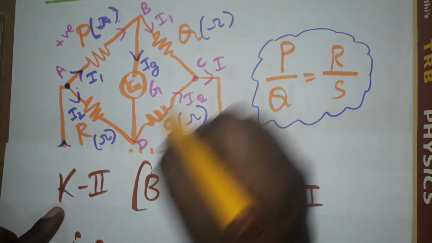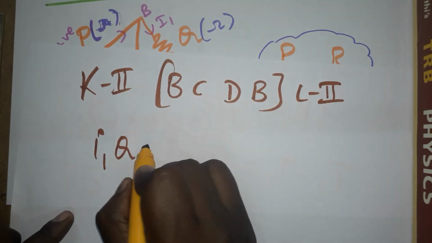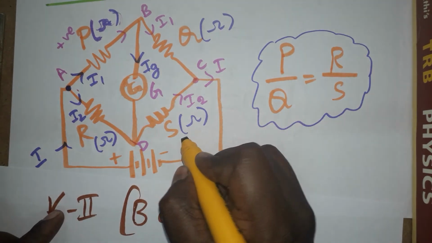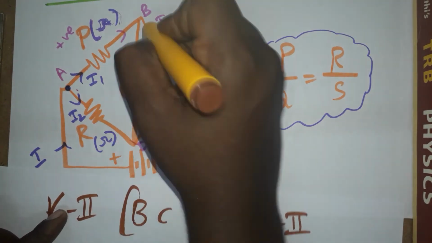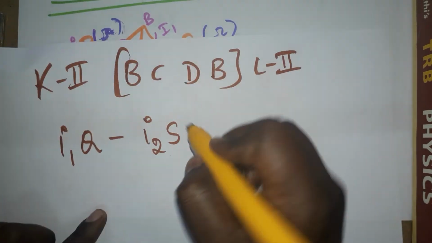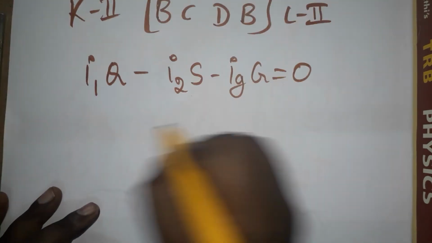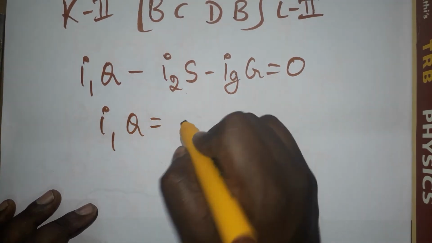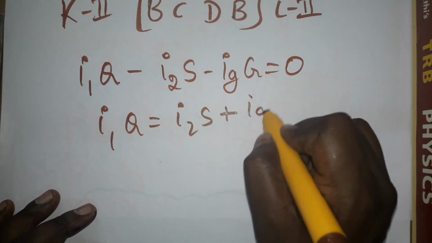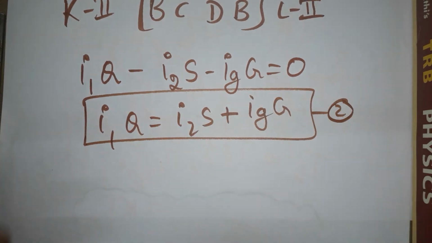For CD, the loop goes in this direction but the I2 current comes in the opposite direction, so minus I2 times S, where S is the resistance here. D to B is also opposite to the Ig direction, so minus Ig G, equal to 0. Bringing these to the left side, I1Q is equal to I2S plus IgG. I take this as equation 2.